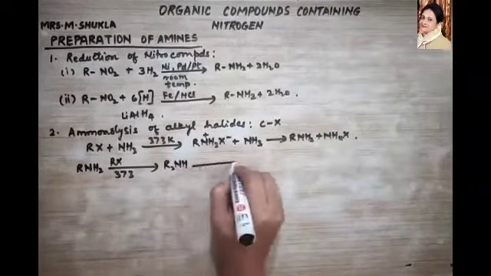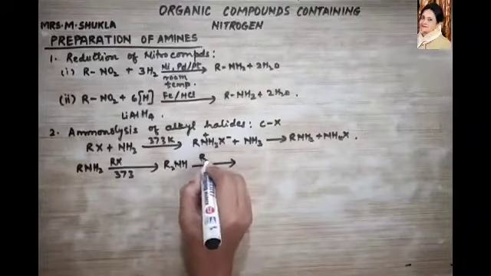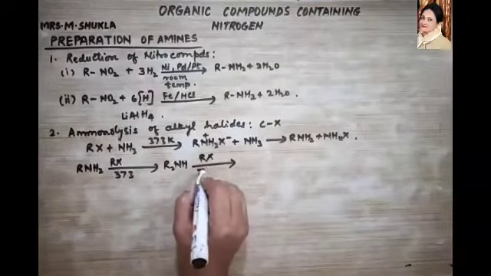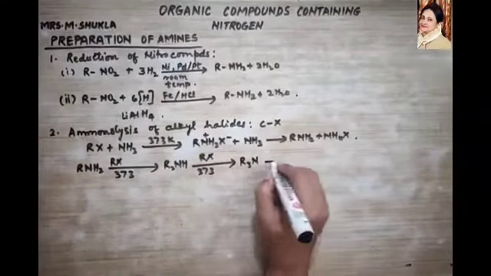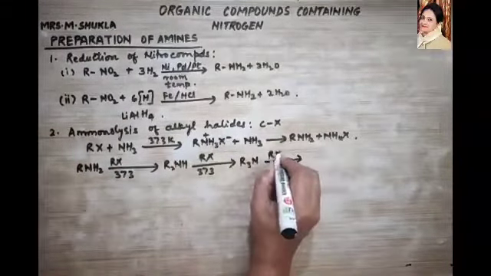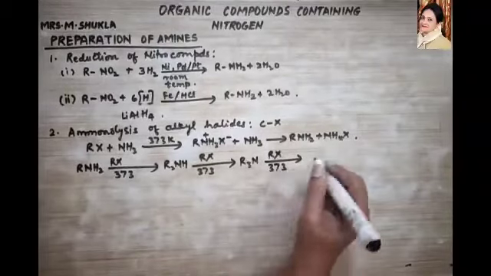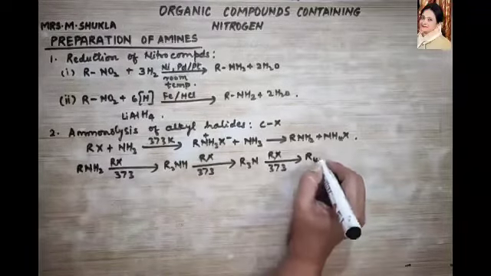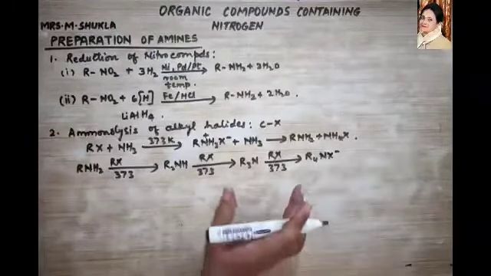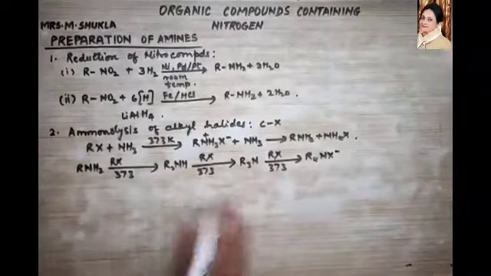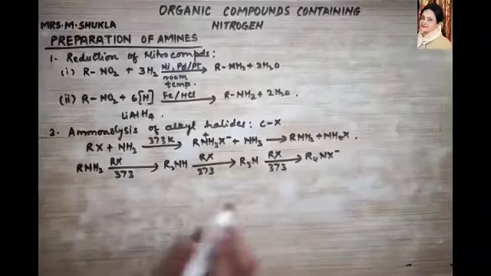Then it can further be treated with more alkyl halide at 373. It will form your tertiary amine, and further again it can form your quaternary salt, that is R4NX minus.